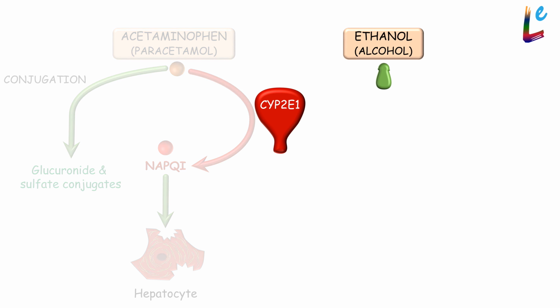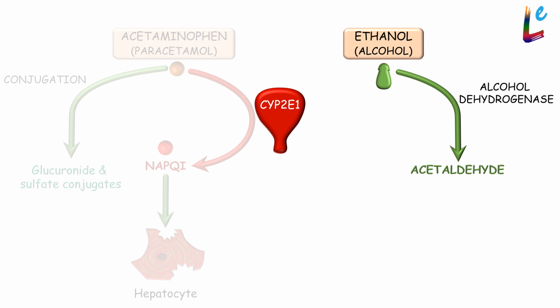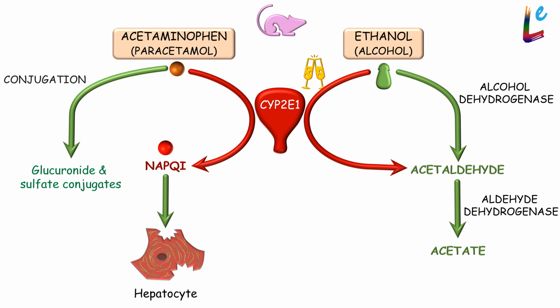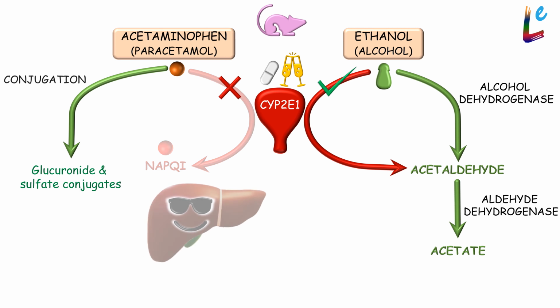Alcohol is primarily metabolized by alcohol and aldehyde dehydrogenases. But some of it is also metabolized by CYP2E1. In animal experiments, when ethanol was administered with acetaminophen, ethanol was shown to inhibit CYP2E1 mediated acetaminophen metabolism, and therefore NAPQI induced liver damage was avoided.